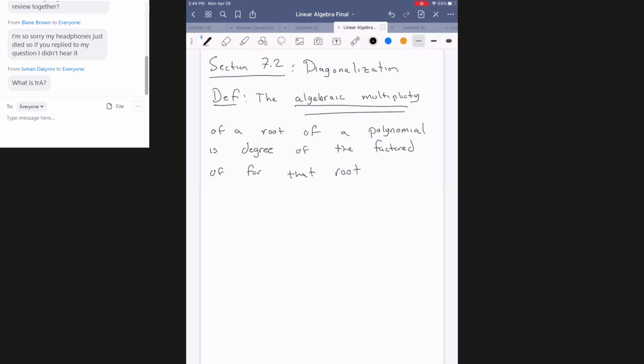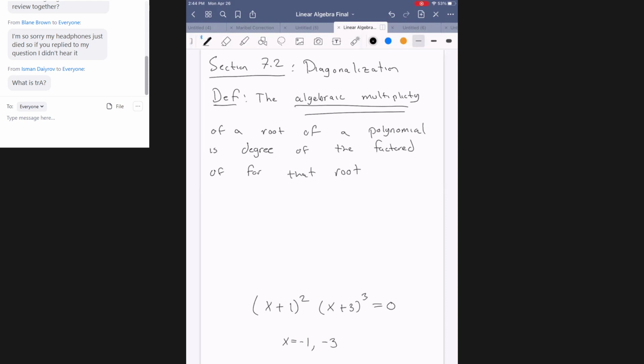So meaning, let's say you had a polynomial, and you factored it out to be (x plus 1) squared, and then you had another one, (x plus 3) cubed. Well, here obviously the solution is x equals -1 and -3, right?